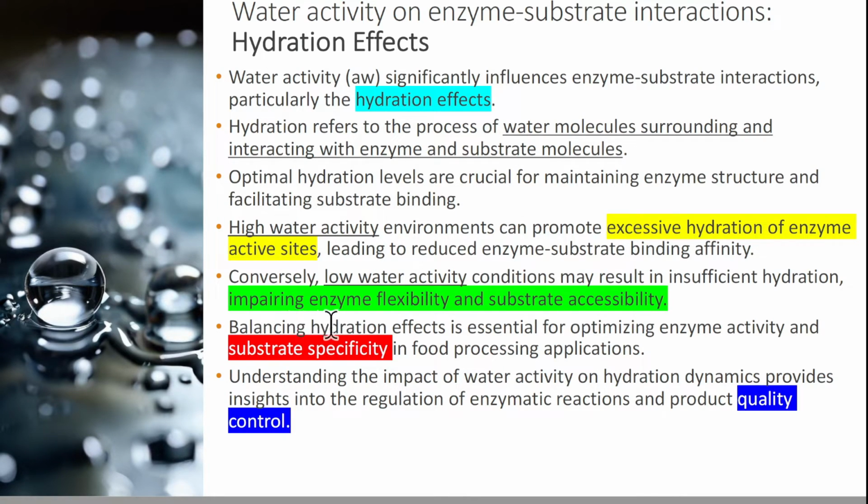Therefore, balancing the optimum hydration effect is important for optimizing enzyme activity and substrate specificity. This is an important word. Basically, enzymes only work with specific substrates in food processing applications. Understanding the impact of water activity on hydration dynamics will provide insight into the regulation of enzyme reactions and product quality control.